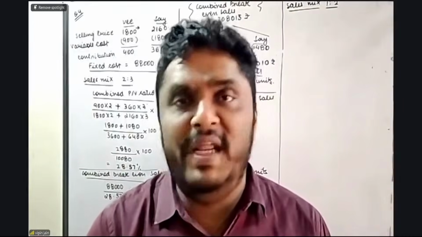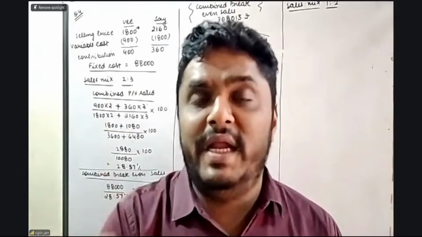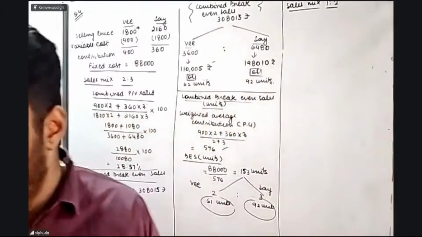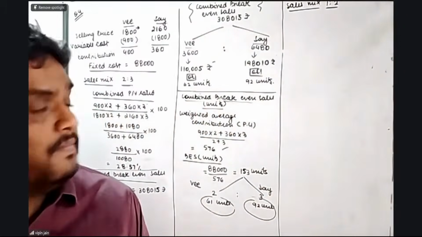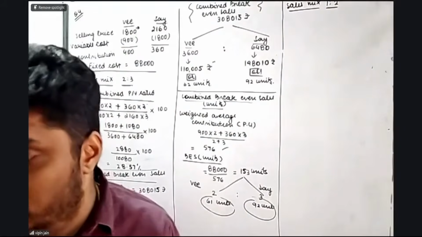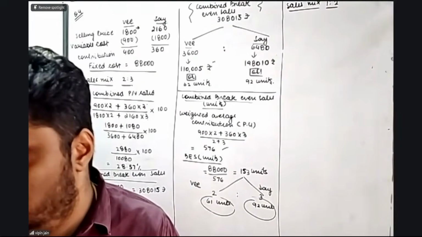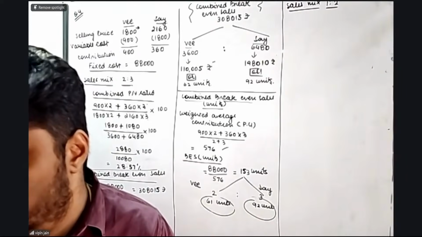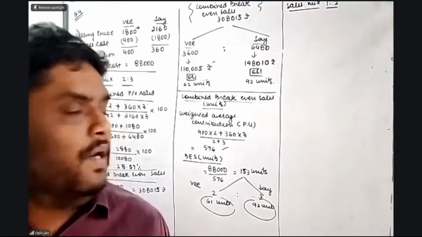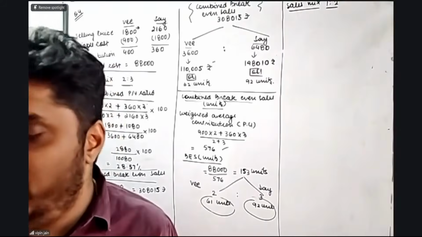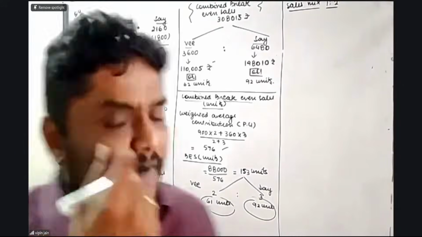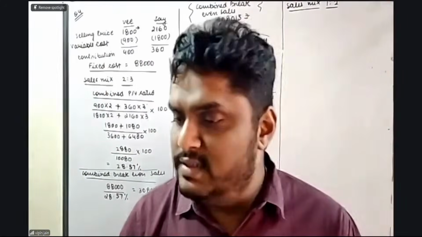What will be the combined break-even sales? And what will be the individual break-even sales of V and J? Please tell me. Waiting for your answers.